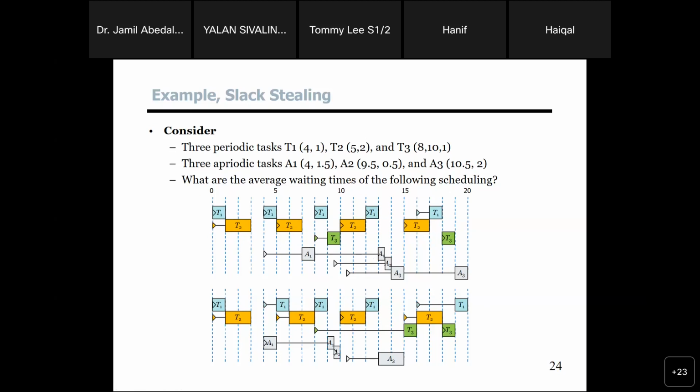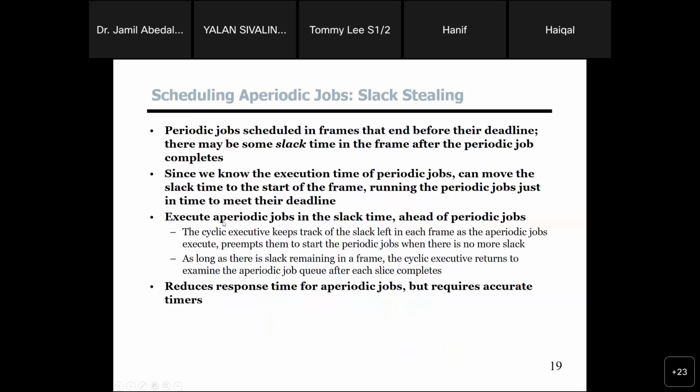Anybody? Anyone? Just now I said in the previous slide, here we can execute the aperiodic.